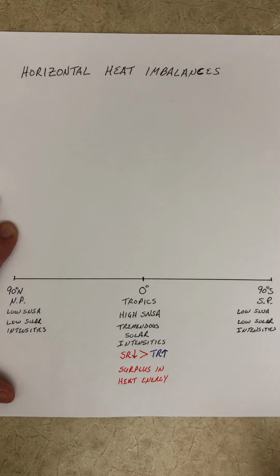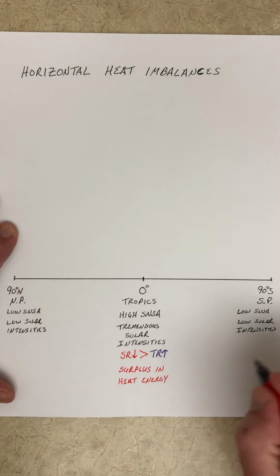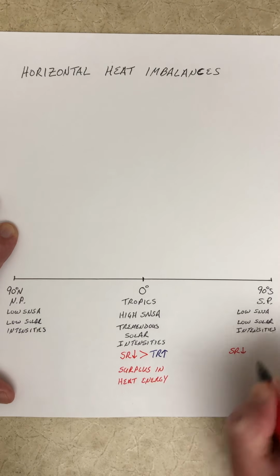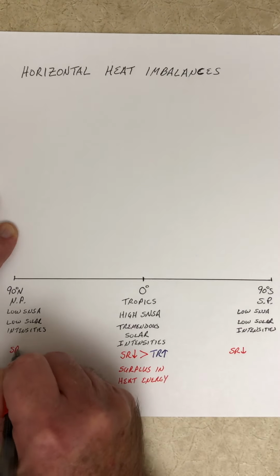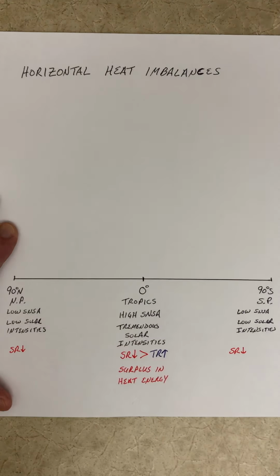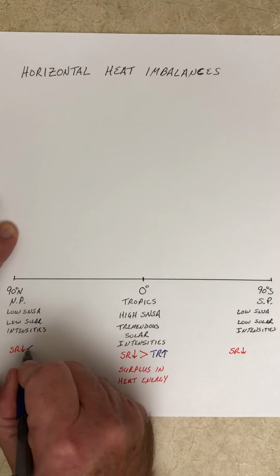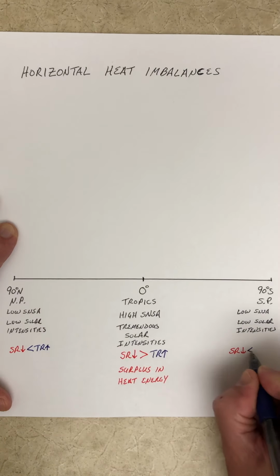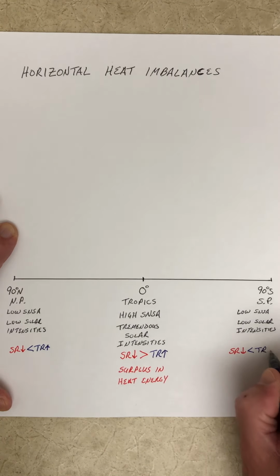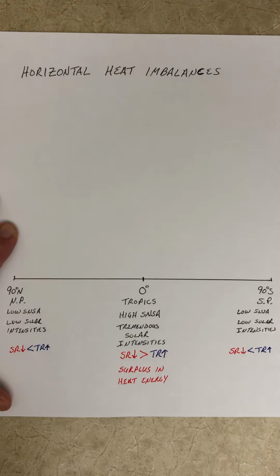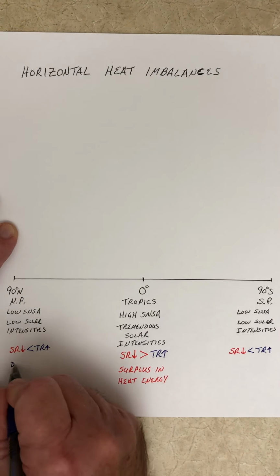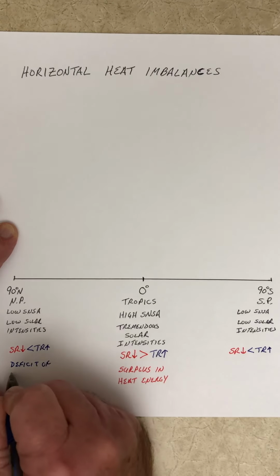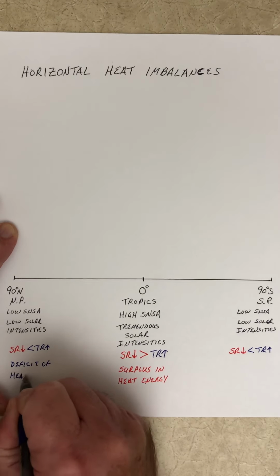Then in the polar locations, the incoming solar radiation is going to be less than the outgoing terrestrial radiation, and this is going to lead to a deficit of heat energy towards the poles.